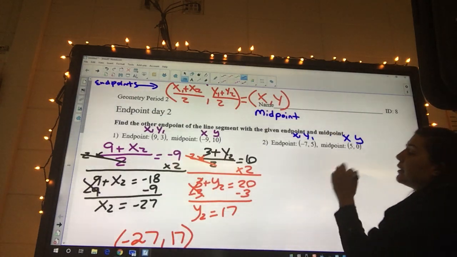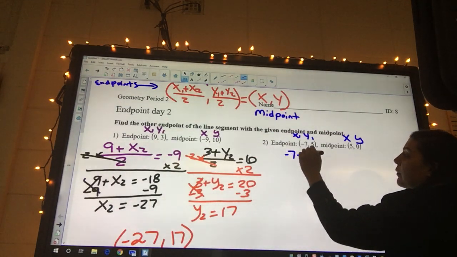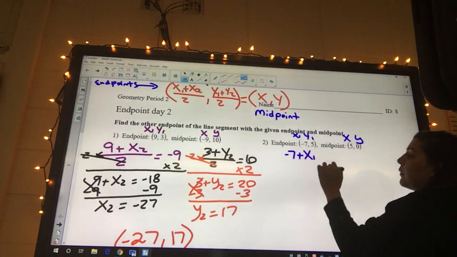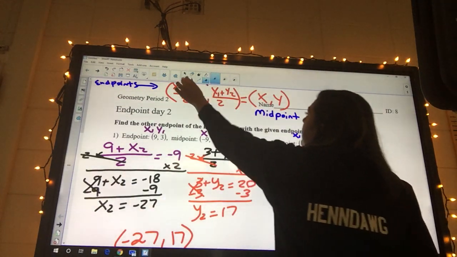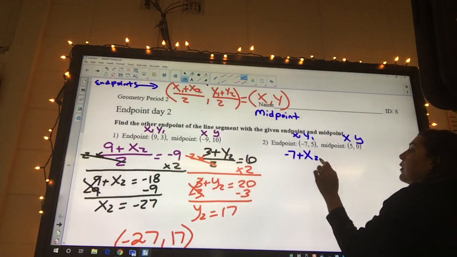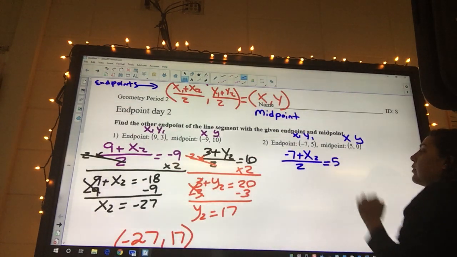So I got negative 7 plus x sub 2 over 2 equals 5.